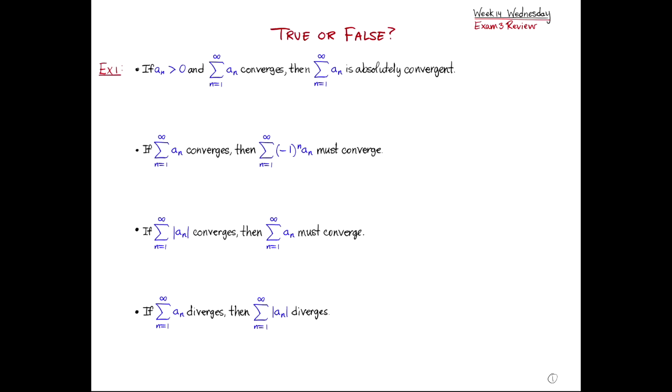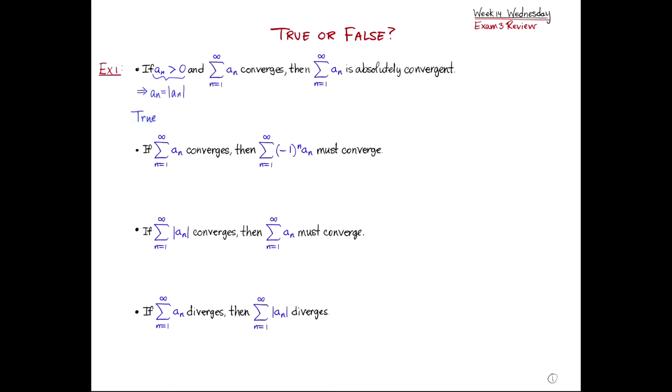In the first one, if a sub n is greater than 0, and the sum from n equals 1 to infinity of a sub n converges, then the sum from n equals 1 to infinity of a sub n is absolutely convergent. This is true. We know that if a sub n is greater than 0, then a sub n is equal to the absolute value of a sub n.